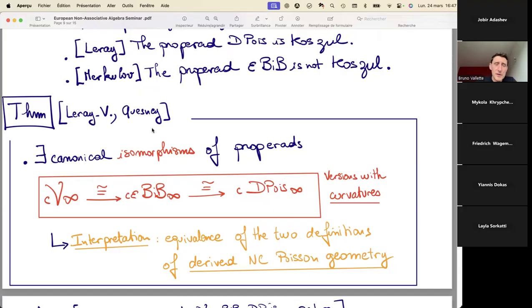And this was refined by Alexandre Quesney. But the result we have with Johan, that this is isomorphic to that, says exactly that the two definitions of derived non-commutative Poisson geometry are equivalent, which is something that you were expecting from the theory.